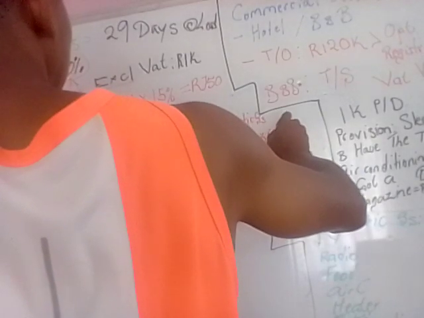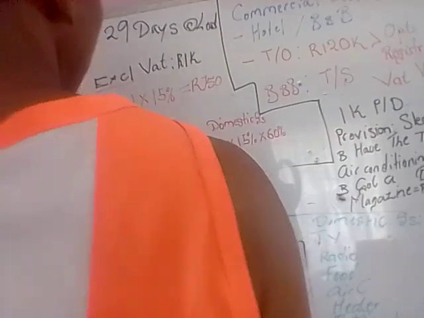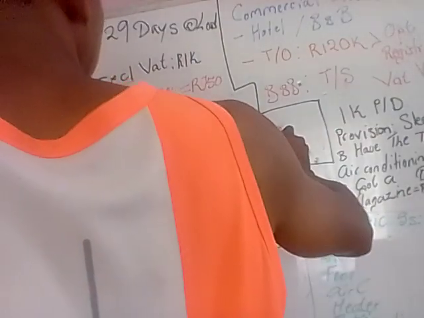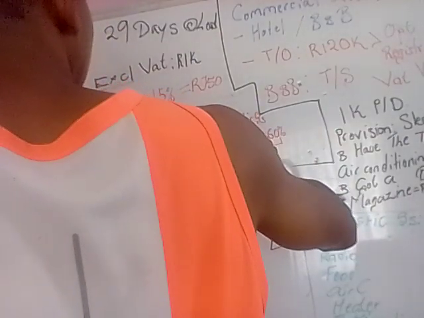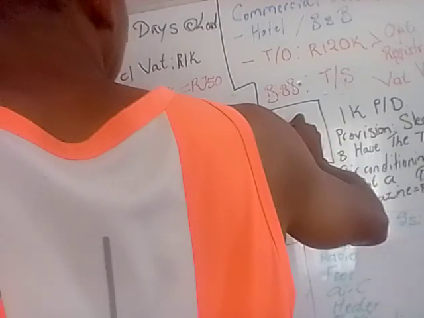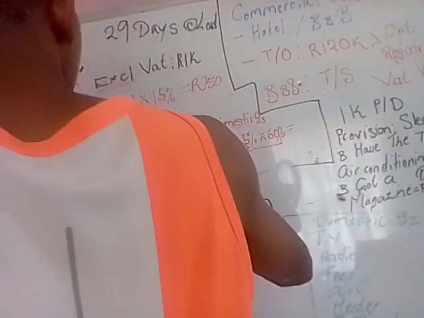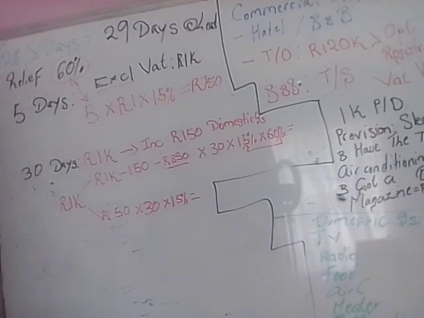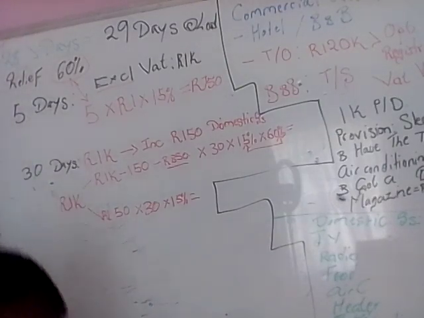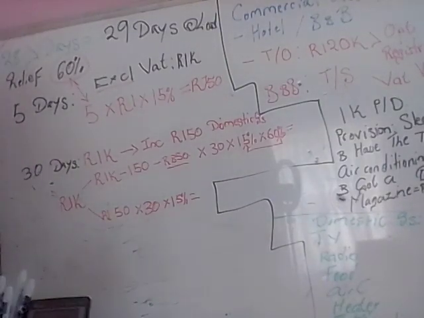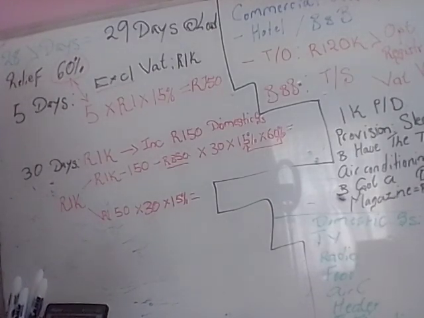We have to take the 60% into consideration. Even if we brought the 60% over here, it would be the same, if I'm not mistaken. So we have to be very mindful of that. In the first instance, 850 times 30 times 60% equals 15,300, times 15%.